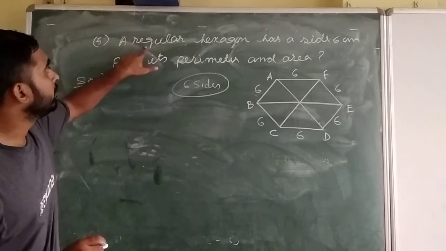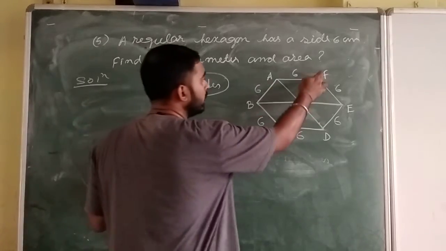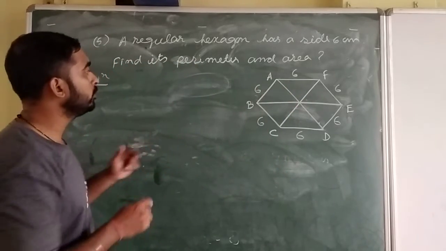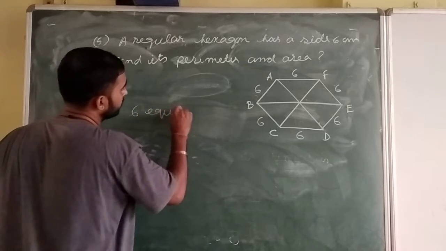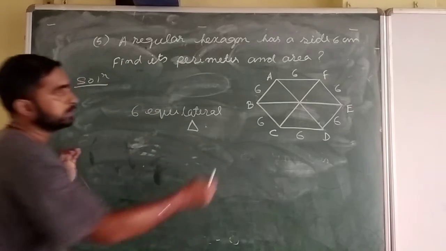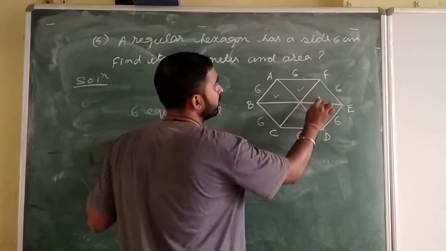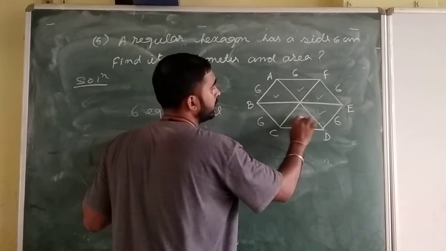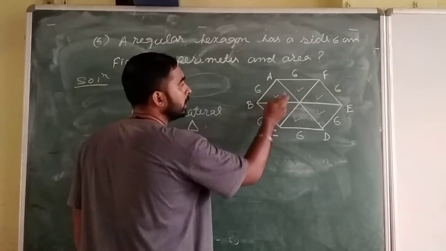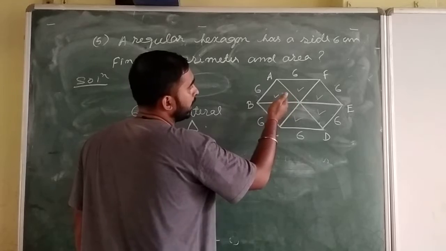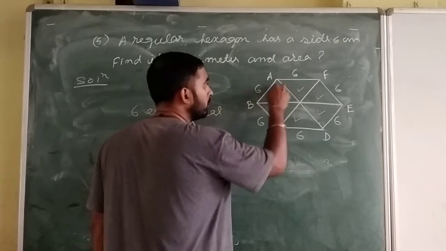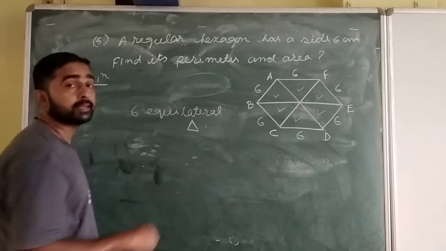Since it is a regular hexagon, the diagonals divide it into 6 equilateral triangles. This one is equilateral, this one, this one, and so on. So if we find the area of one triangle, then as there are 6 triangles of equal measurement, we multiply the area of one by 6, which gives the area of the regular hexagon.